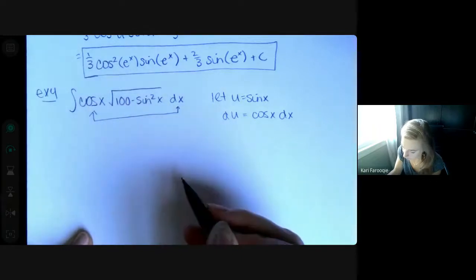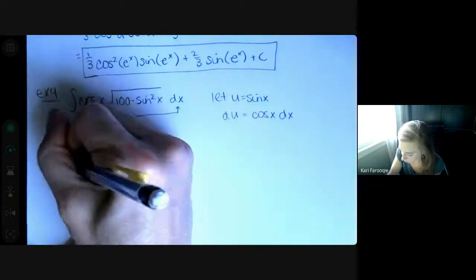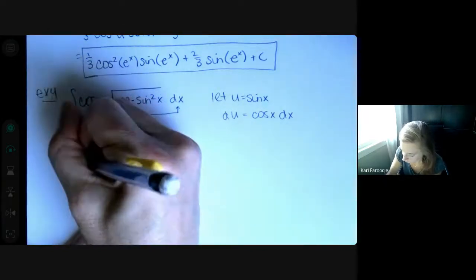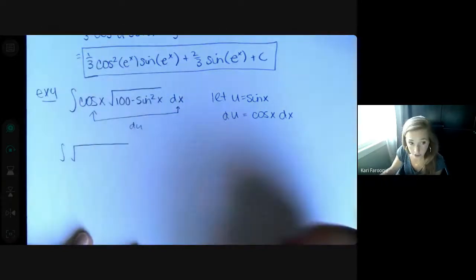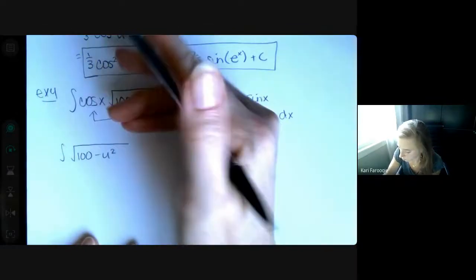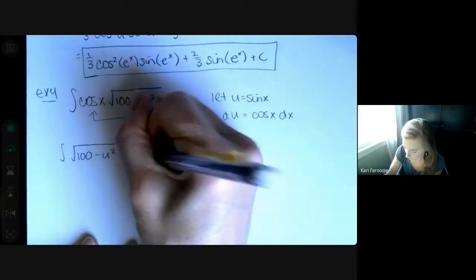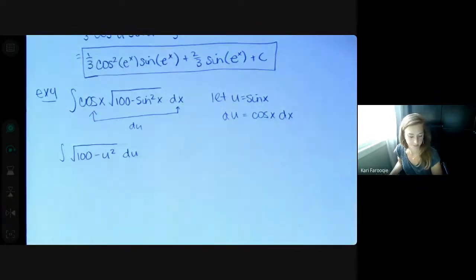Your cos x dx is du. So you can actually rewrite this as the square root of 100 minus u squared du. And then we just need to find an integral that matches that form, and that should be easy to find.